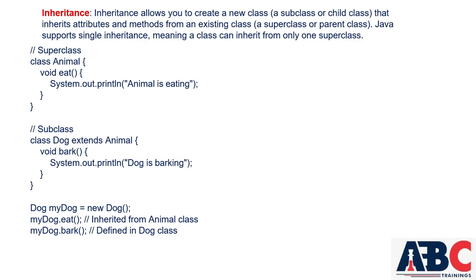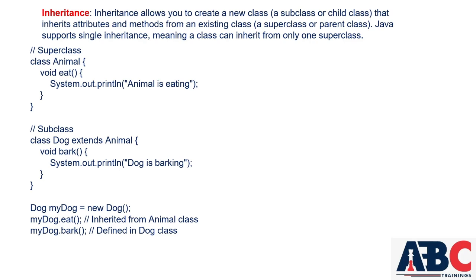Java supports single inheritance, meaning that a class can inherit from only one superclass. Here the superclass is Animal, and its function is eat, meaning the animal is eating. Then the subclass is Dog, which inherits the attributes and methods, so we add eat.